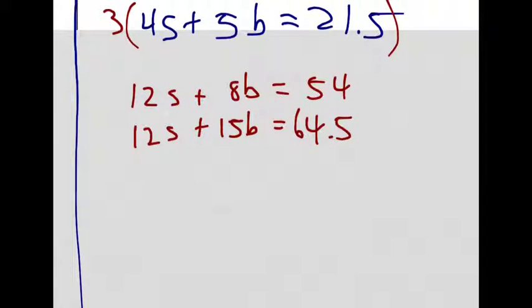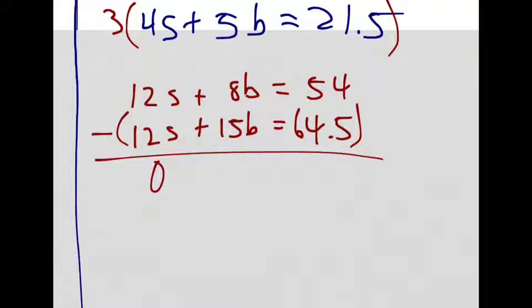I want to eliminate S, and the sign of these two terms is the same, so same means subtract. So 12S minus 12S is 0. Good, I've eliminated. 8B minus 15B is negative 7B.